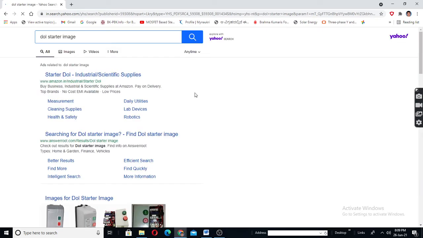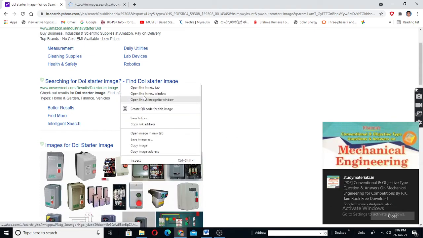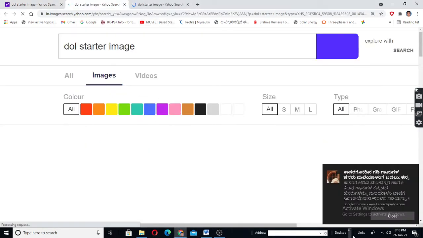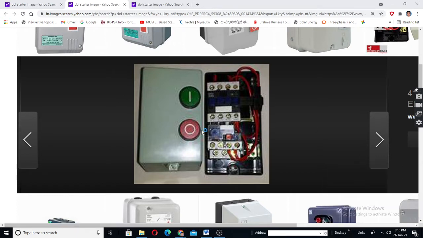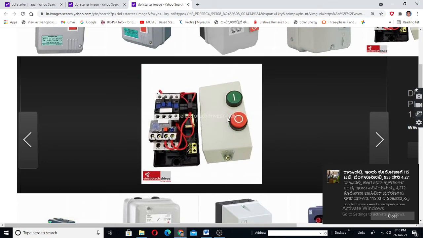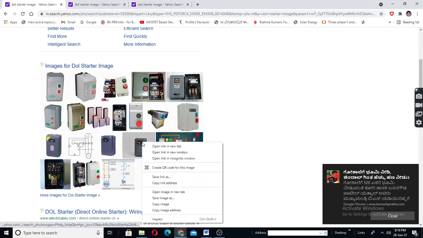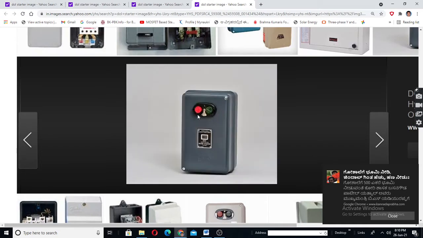Externally, it will look like this: on green button, off red button.